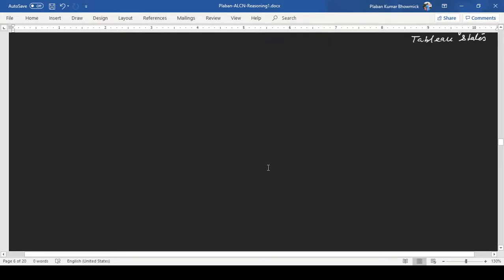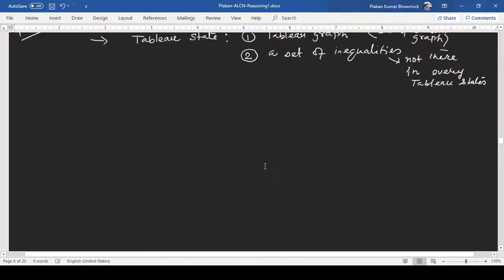So let us now focus on the Tableau graph, right? We just need to give a formal definition of the Tableau graph for a concept C. So it's a directed graph.